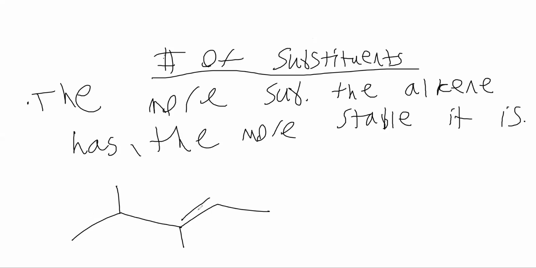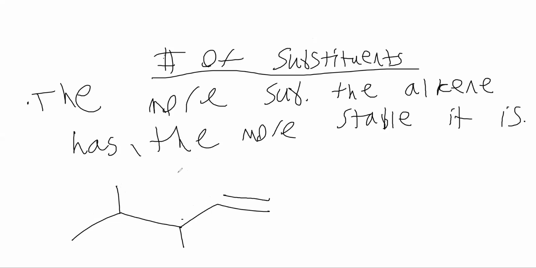If it was here, it would have 3 substituents because there's 1 here, 2, 3. That would be the second most stable. I don't think I have a position with 2. Oh, I guess I can put it here. So that would have 2 substituents. That would be the next most stable, and then something with 1 substituent would be the least stable.